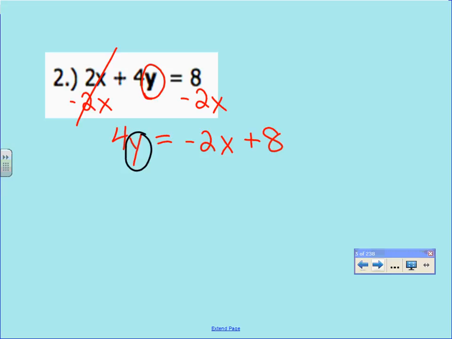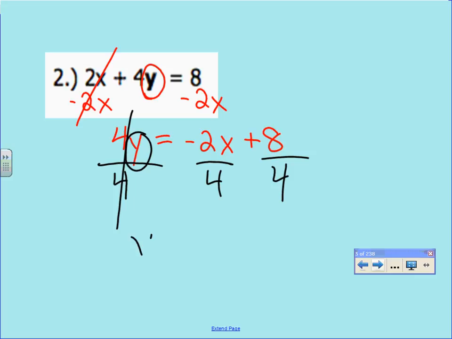Now, we're almost done. What's the last thing you think we need to do? Zach? Okay, I thought that was a hand. Well, good. We are dividing by 4. We are dividing both sides by 4, but I want you to put a division symbol here, here, and here. Yes, we are dividing both sides by 4, but I want to break this down and keep it as simple as possible. 4 divided by 4 is 1, so those go away, right?